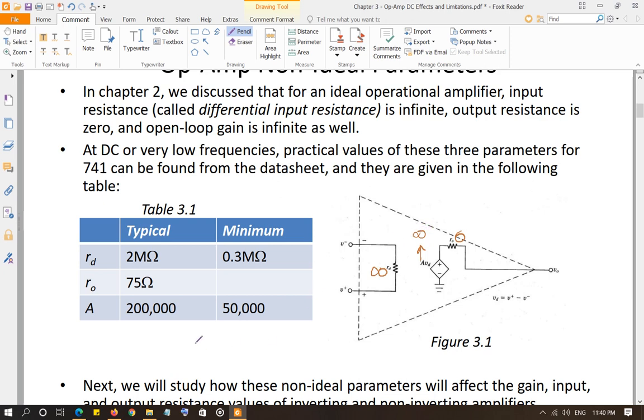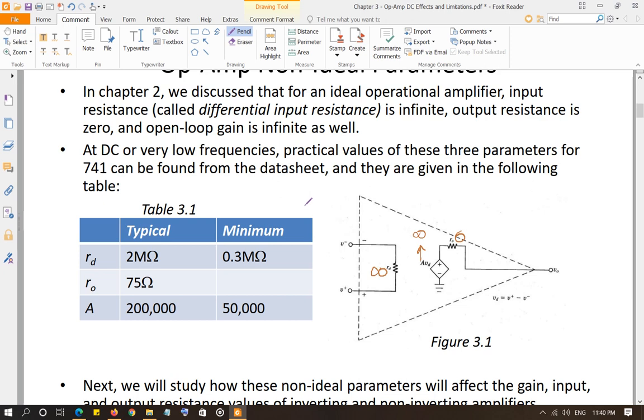The actual values from the data sheet of the 741, which is in your book, as well as online: the typical value of the input resistance RD is about 2 mega ohm, and the minimum value is about 0.3 mega ohm. Likewise, the output resistance is 75 ohm. It is not 0. Actually, 75 ohm is a decent value.